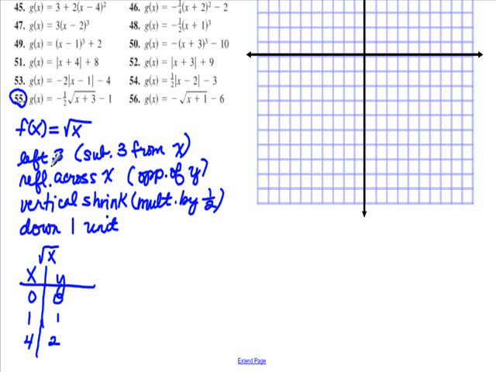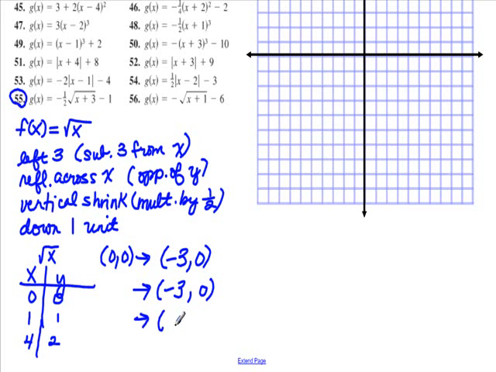So if we move these points through the transformations that occur, 0, 0 would go to -3, 0 first because it's going to move left 3. Then we reflect that point across the x-axis, which would stay on the x-axis at -3, 0. We shrink it down by a factor of 1/2, which 0 is shrunk, stays at 0. And then we move it down 1 unit to be -3, 1.